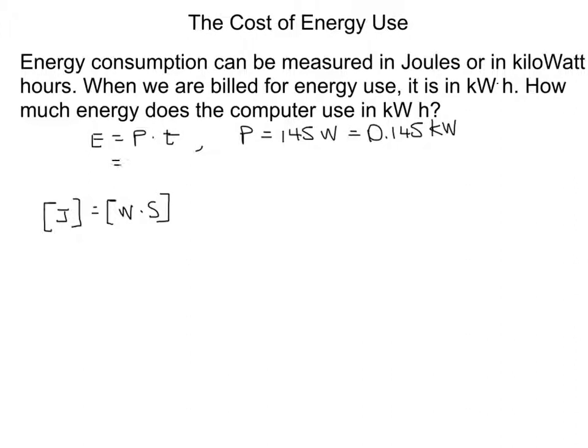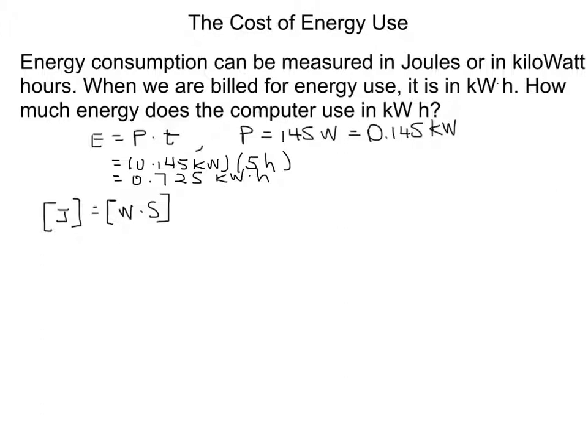So this time it's 0.145 kilowatts times 5 hours. And it turns out that that is 0.725 kilowatt hours. Looks like a much more manageable number than in joules, right?